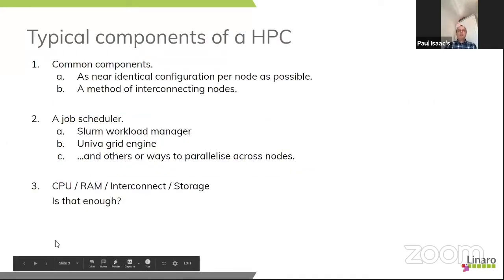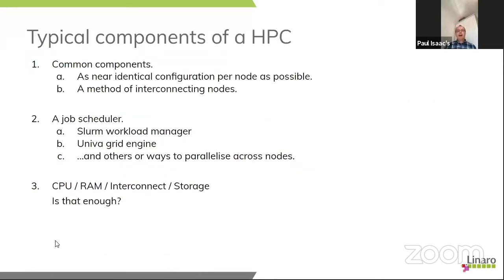So let's just review. I know I may be teaching my grandmother to suck eggs, but it's always good to have a review of what HPC actually is. So we're looking for common components, and typically they're looking to be near identical configuration, so it eases scalability.